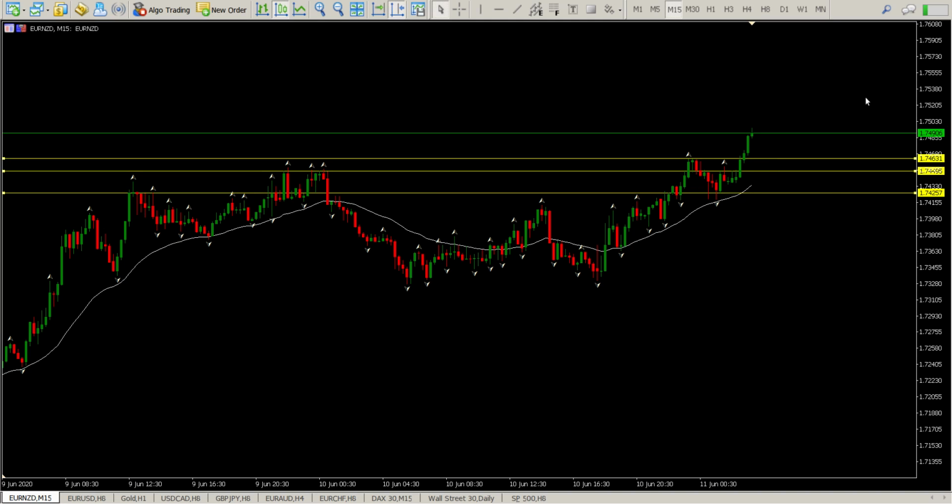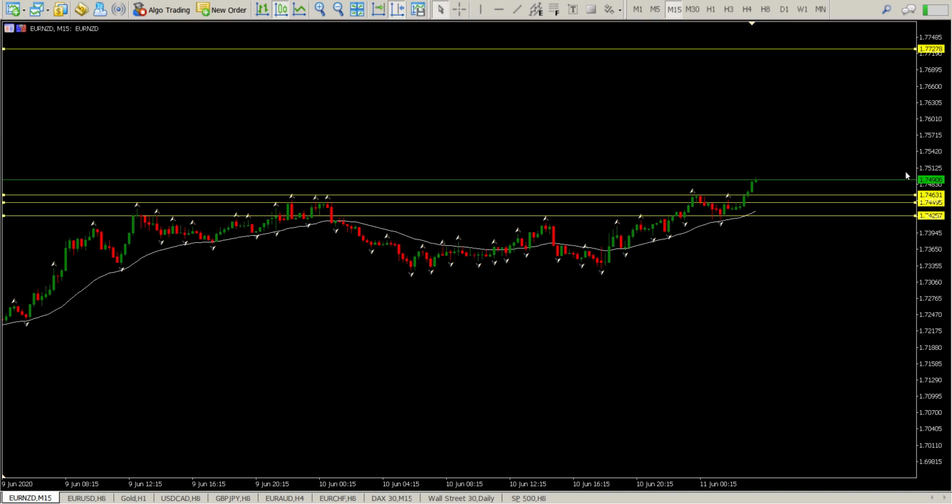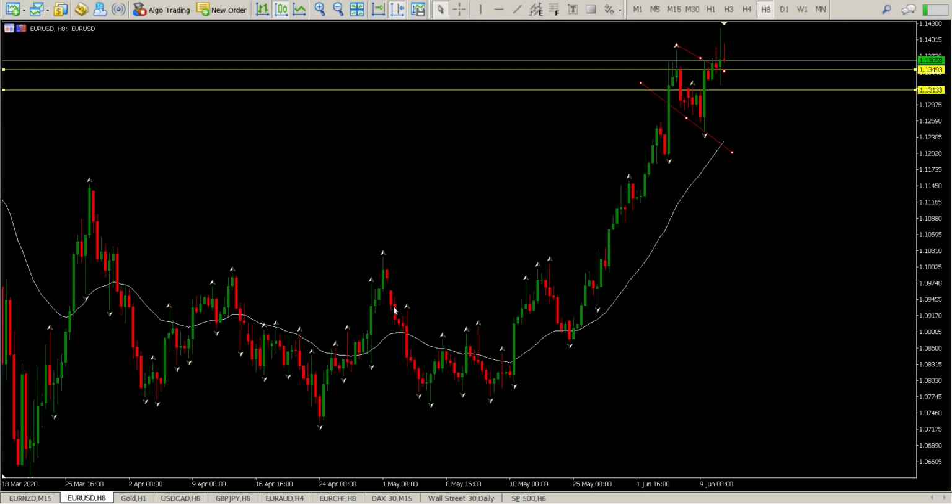And if it holds, long it is, with a stop below the previous swing low, so make sure your position size can handle whatever size that stop is. And you're looking for 177.278.